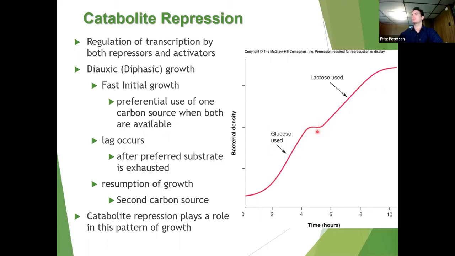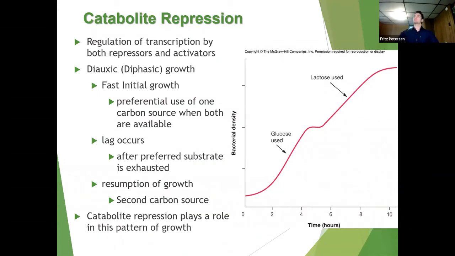There's no more glucose for this organism to metabolize. Following this lag phase, there's a second period of growth, but it is slower than the first. Notice how it tapers off, and the increase is much less pronounced. This is because the second carbon source, in this case lactose, is not as efficient for the microbe to use.